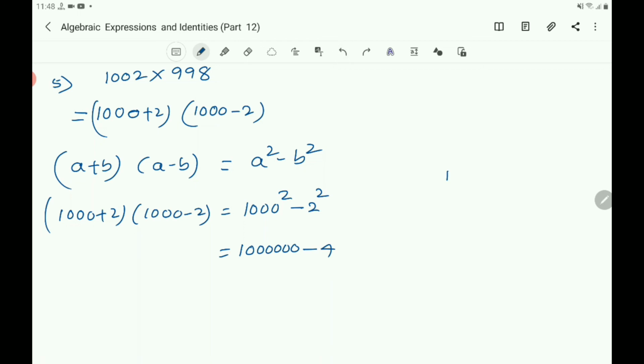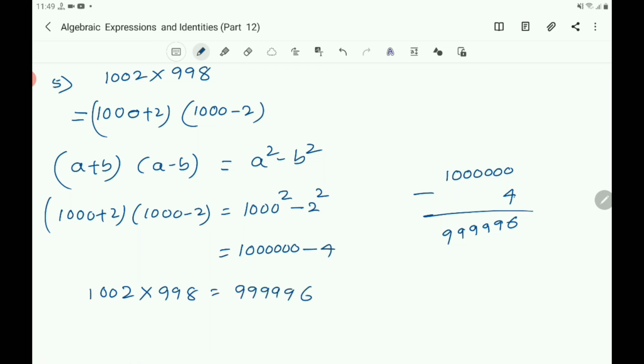Then you write 10 lakh minus 4. 10 minus 4 is 6, and then 9, 9, 9, 9, 9. Therefore 1002 into 998 equals 9,99,996, the product of 1002 and 998.